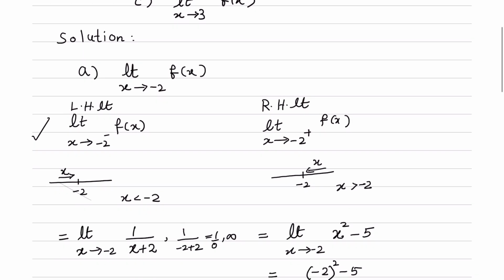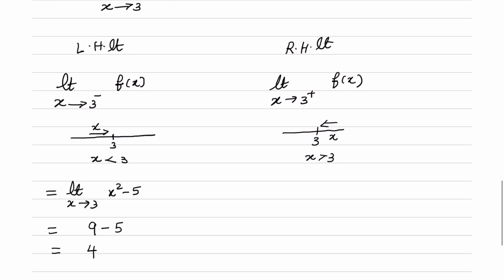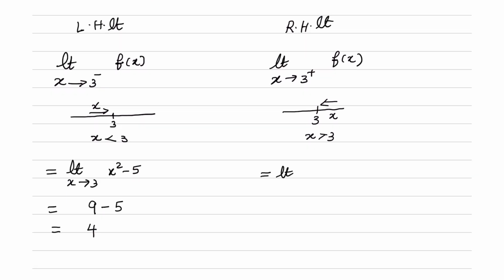So we will write limit x is approaching 3, and the function here is square root x plus 13. And since in every limit question we start by plugging in the number, when we plug in 3 in the place of x, we get 4.